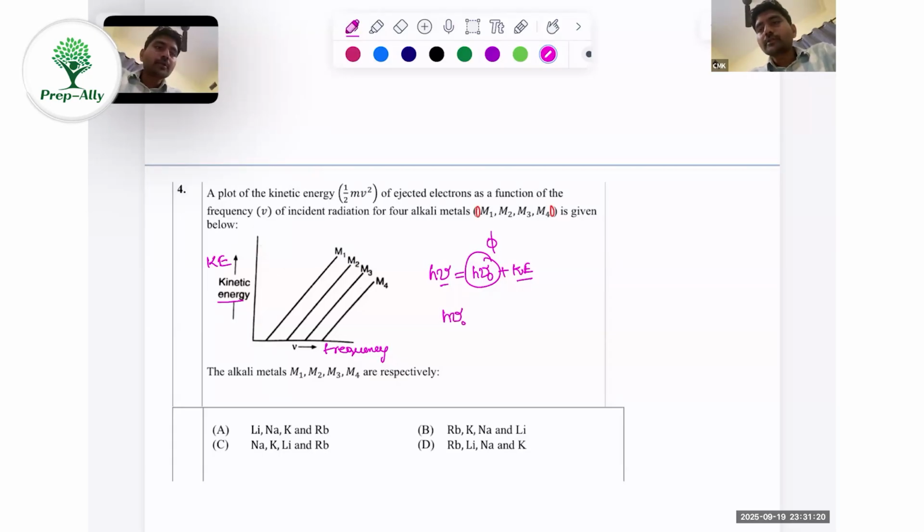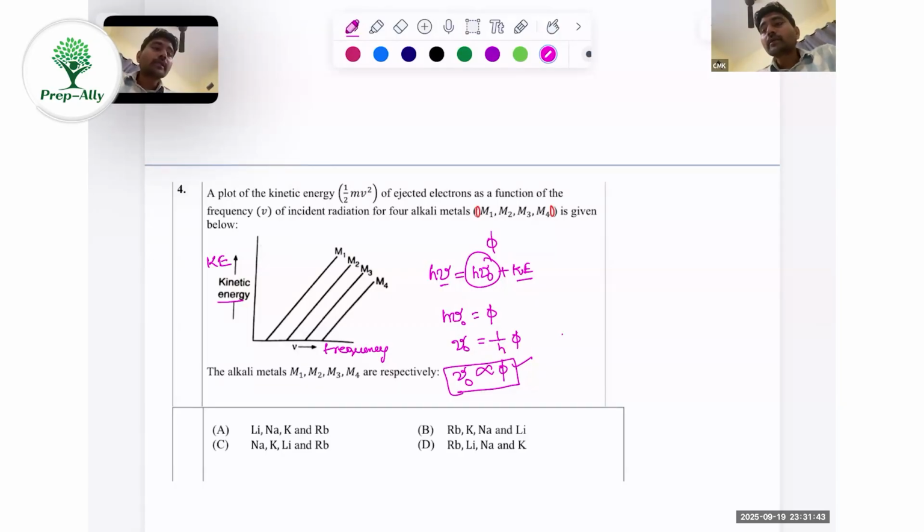So h nu naught is equal to phi. If you want nu naught value, 1 by h into phi, means nu naught is directly proportional to phi. Nu naught value is directly proportional to work function. So whenever the frequency is more, the work function will be more.